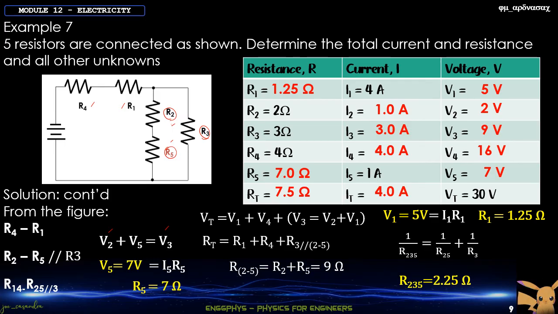So, dapat 7.5 din yung ating makukuha. Okay? So, this is another way to solve for your total resistance. Okay? So, total resistance is equal to R1 plus R4 plus this value.